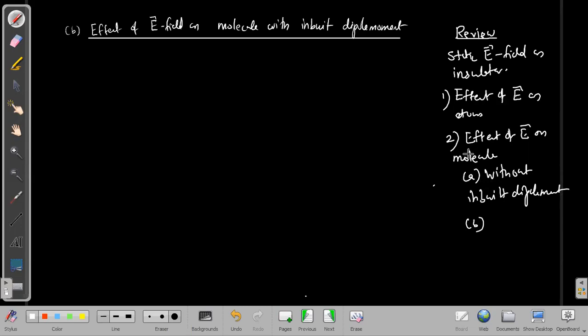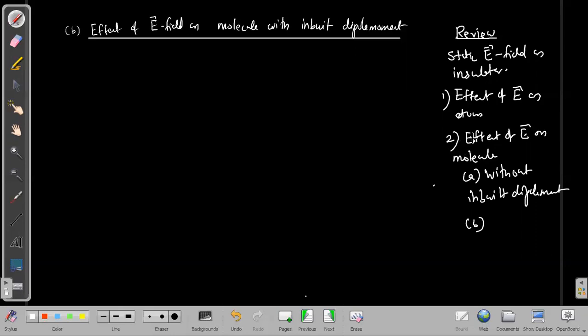And what is the effect of electric field on molecule? Again, it induces a dipole moment. There is some difference when you go from atom to molecules. In the case of atom, the direction of dipole moment will be along the direction of the applied electric field. But in case of molecule, the direction of dipole moment may not be along the same direction of electric field.